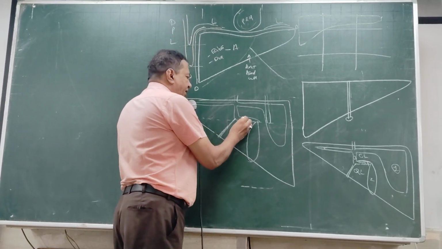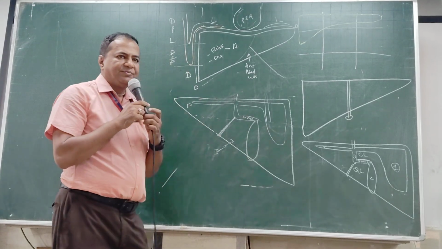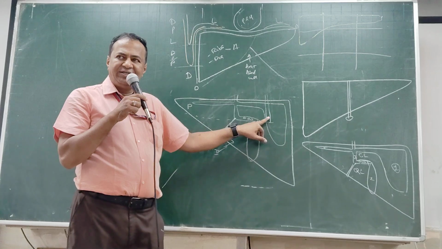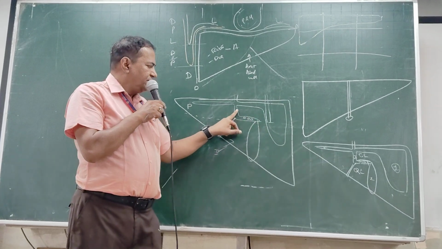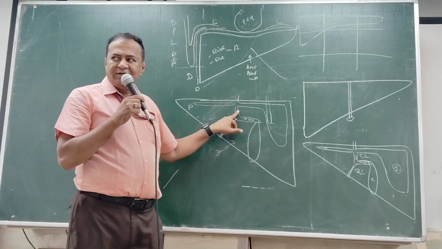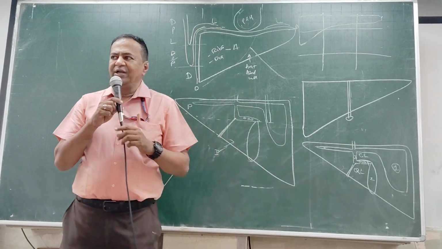This is porta hepatis. This is the fissure for ligamentum venosum. So the caudate lobe is guarded by IVC on one side, fissure for ligamentum venosum on the other, left side, continuous with the superior surface, and inferiorly porta hepatis.